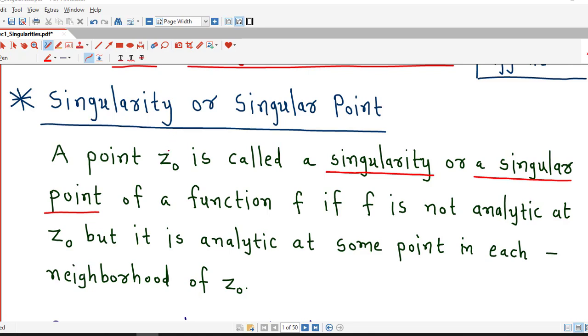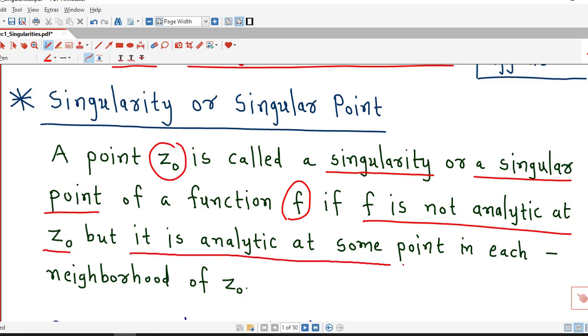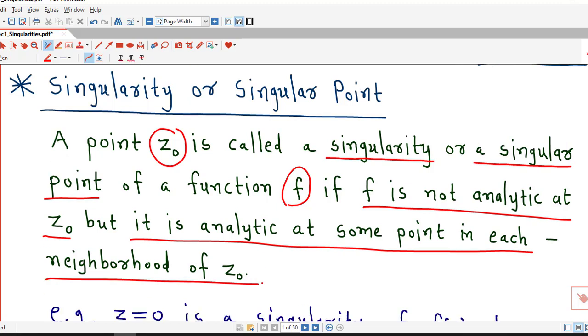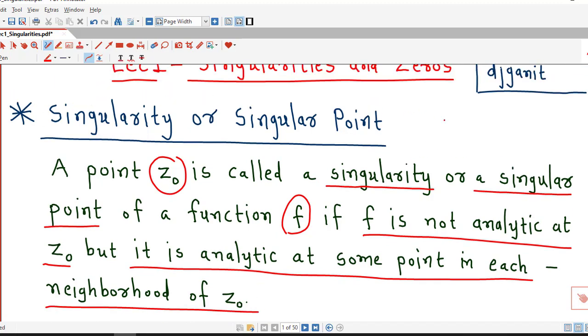Suppose z0 is any point in the complex plane. Then this point z0 is called a singular point of a function f if the function is not analytic at z0 but it is analytic at some point in each neighborhood of z0. We understand with this figure.